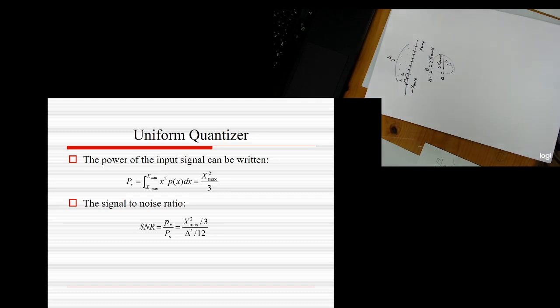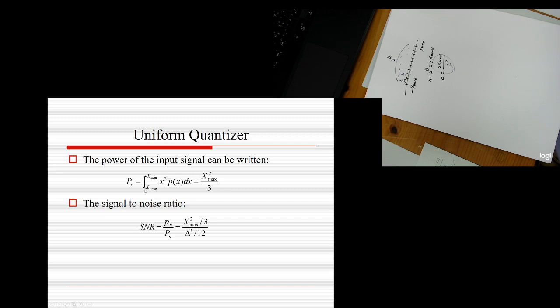So, the uniform quantizer. Another one, we try to calculate the signal to noise ratio. Our input data will be squared, and for each input data we count the probability density function.